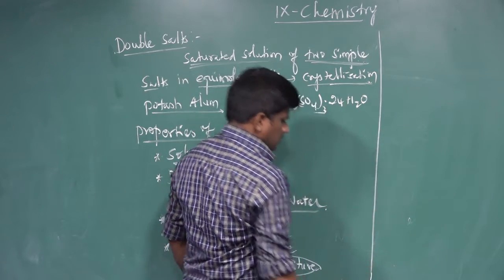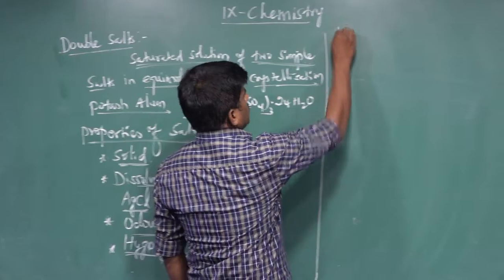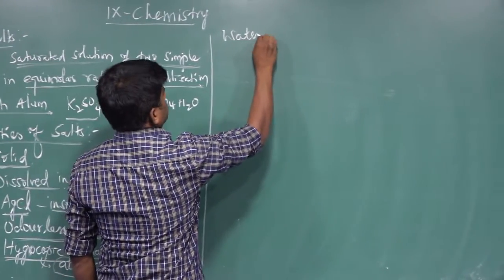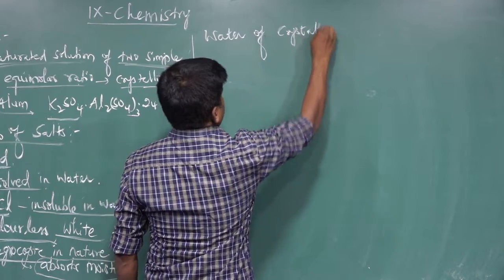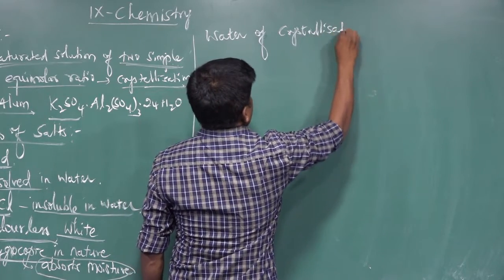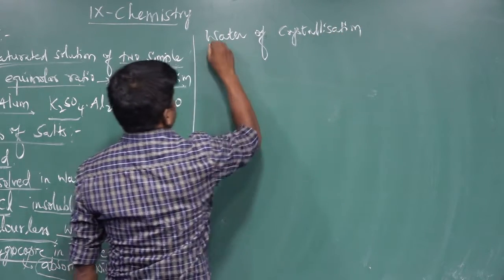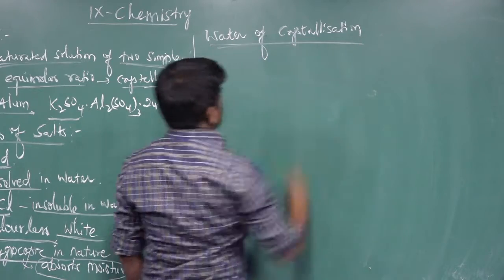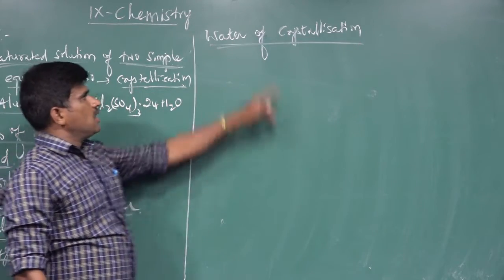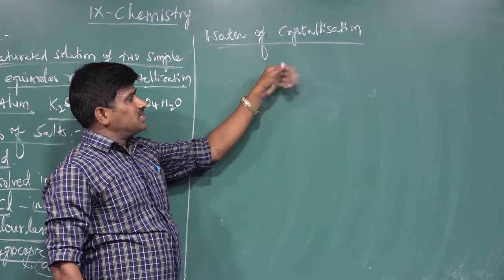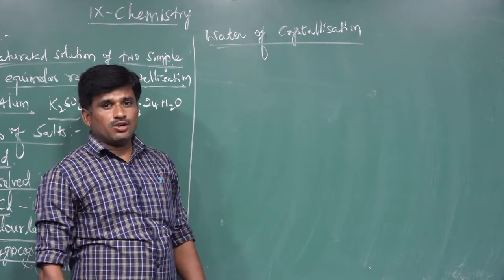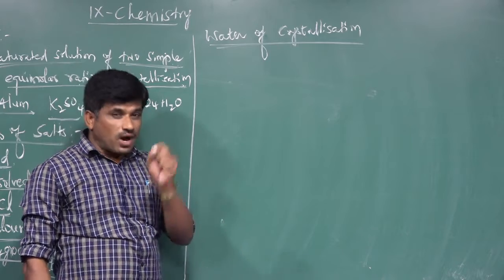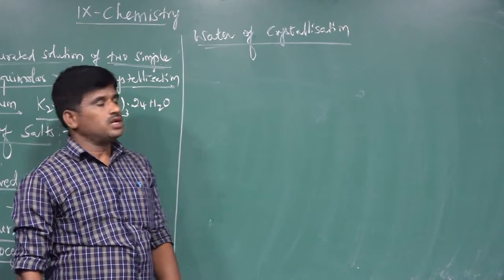Next topic we are going to discuss is water of crystallization. Many salts are crystals in nature. Why are salts crystals in nature? Because they contain water molecules in them.